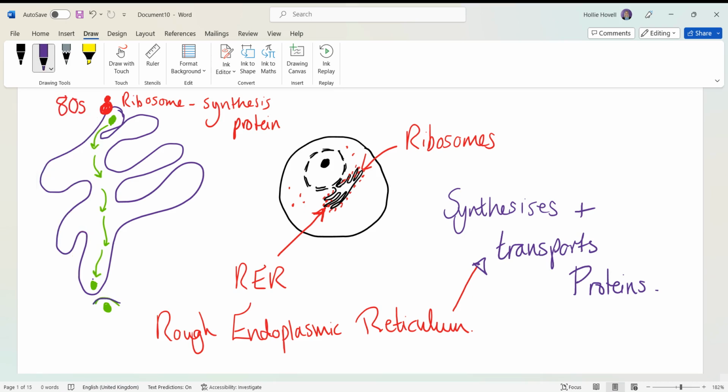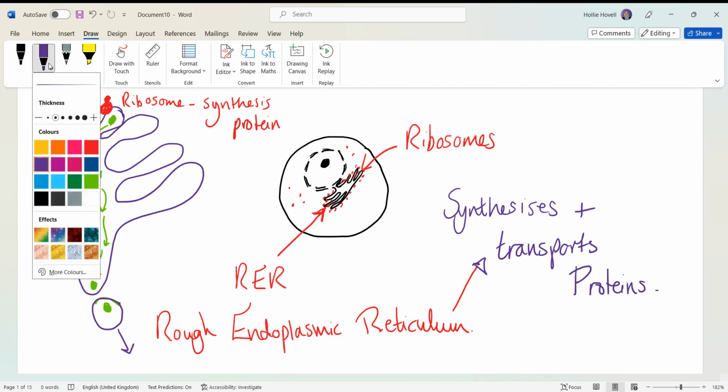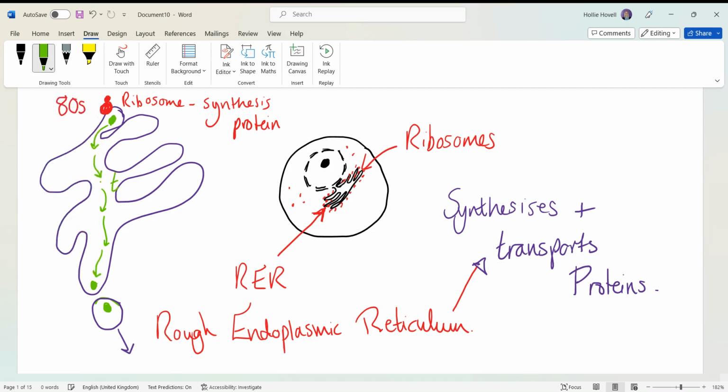Okay, so it goes into a vesicle, and that vesicle will continue on its journey through the cell. So when we say it synthesizes and transports proteins, that's what we mean. It synthesizes the protein on the ribosome there, and then the green is showing us how the rough ER is transporting protein. Okay, so it's doing those two roles.